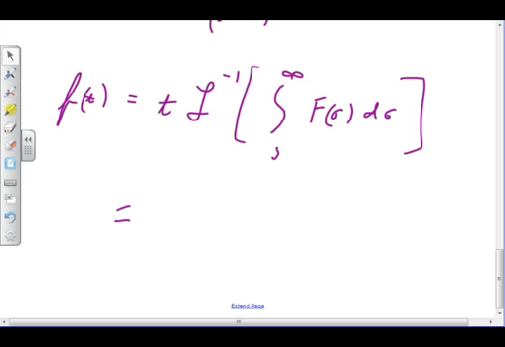1/4. All right, so I want the limit as b goes to infinity. And I'm going to have t times that.